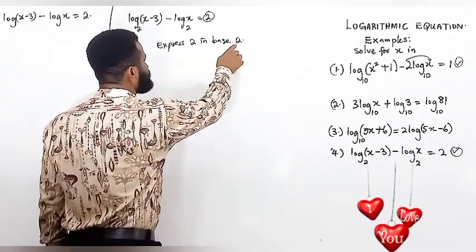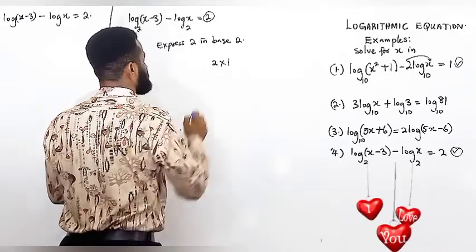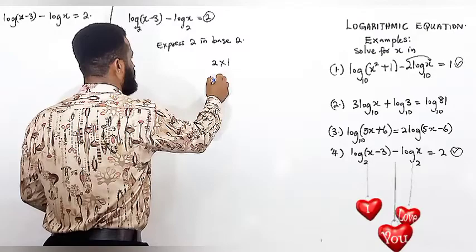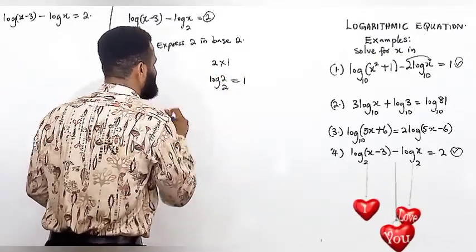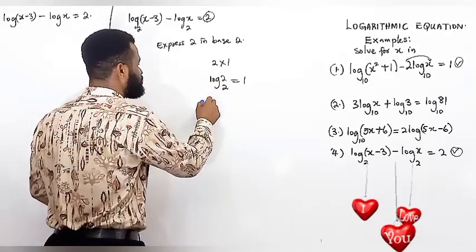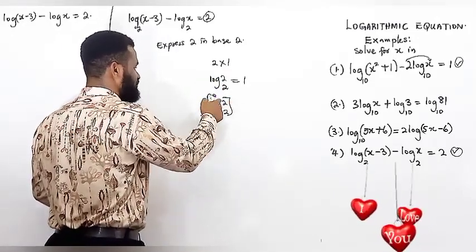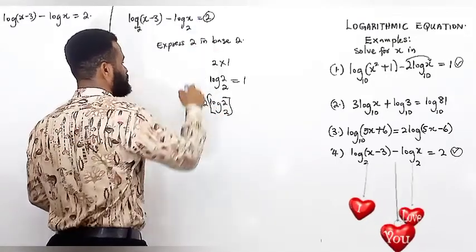Now, remember that this 2 is 2 times 1. So how do you get 1? Log 2 base 2 is 1. Now, is it not better you say 2 log 2 base 2, so that everything here is 1. So 2 times 1 is still 2.